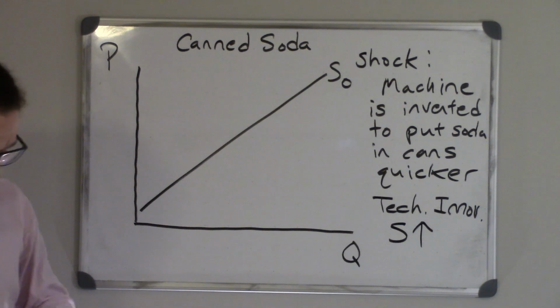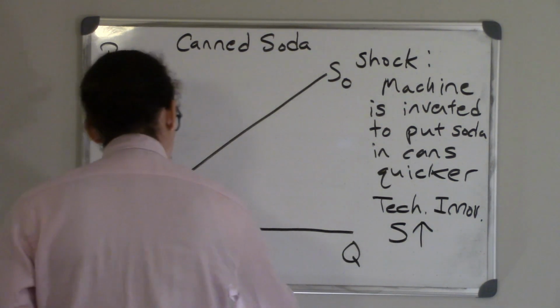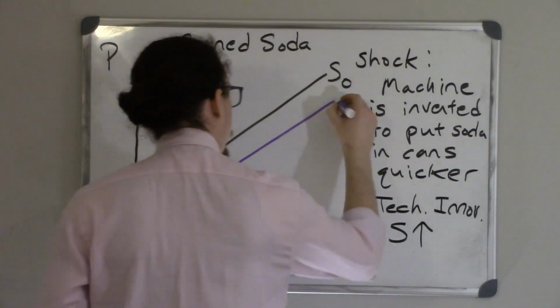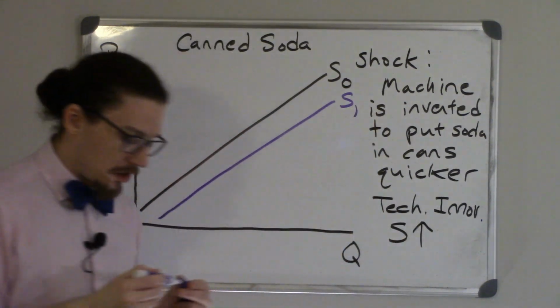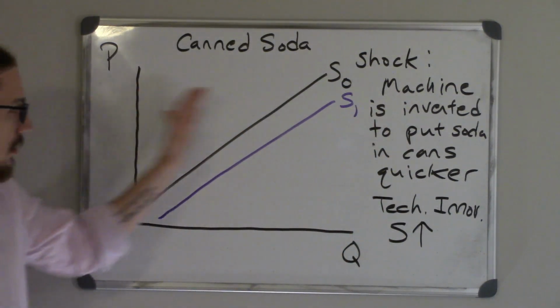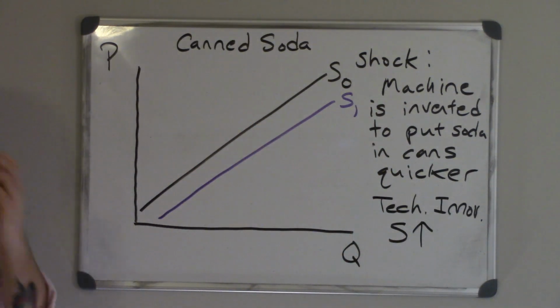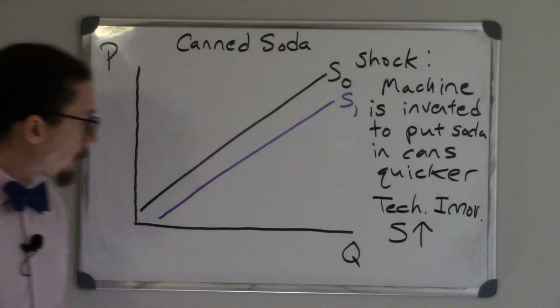Now, as we already discussed, when we increase supply, we're going to shift our curve to the right, because we want to see that increase.